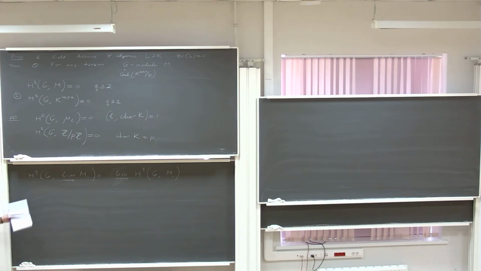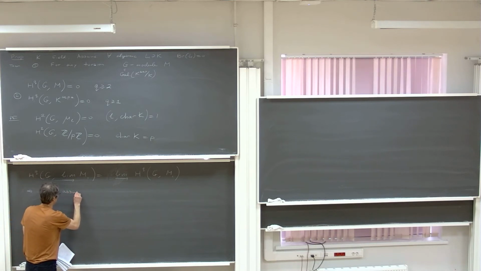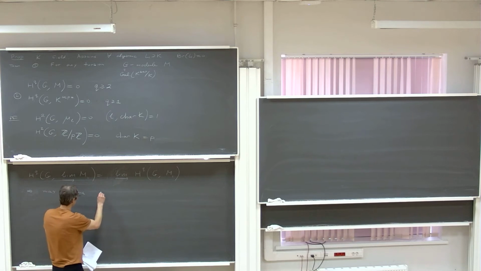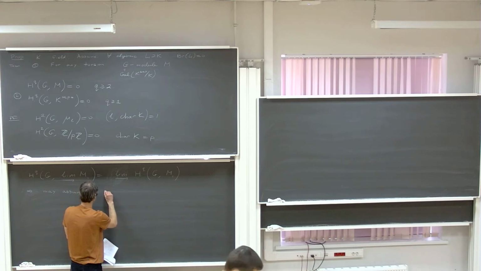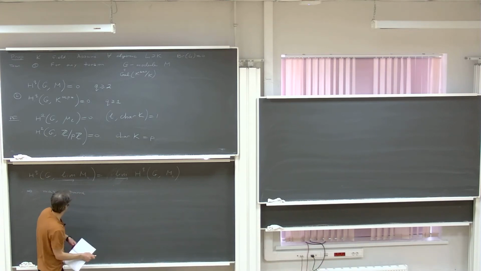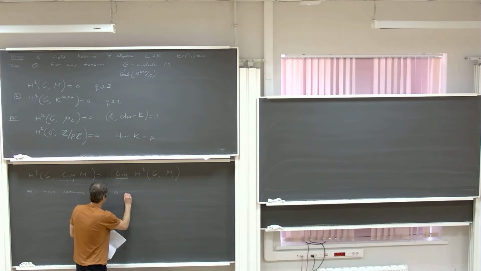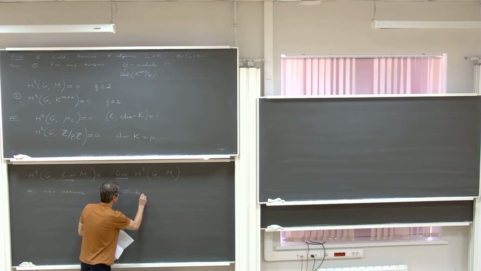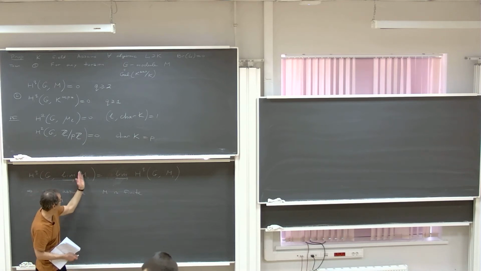So we may assume that M is torsion, and then we may assume that M is finite, because any torsion module with continuous action of G is a direct limit of finite modules.